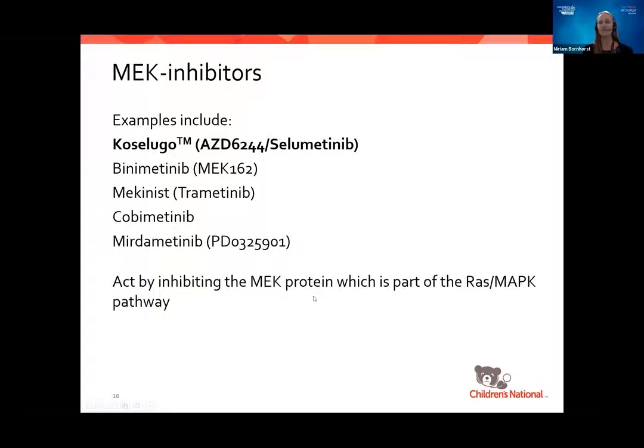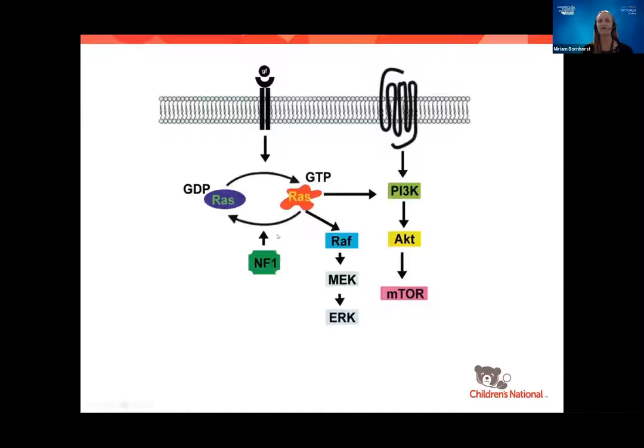These act by inhibiting the MEK protein, which is part of that RAS-MAP kinase pathway in the cell that helps with cell division. So if we look at that picture that I showed you already, here we have a signal again. If NF1 is not able to do its job, but we give a MEK inhibitor, then it actually inhibits here instead.